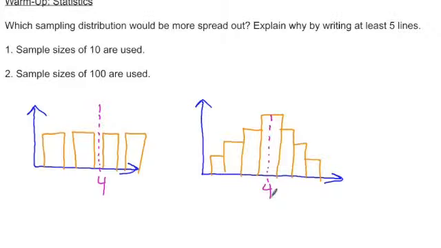That's pretty important whenever we take many samples from the same population. The mean of that sampling distribution is pretty close to the mean of the original population. That's a pretty big fact here.